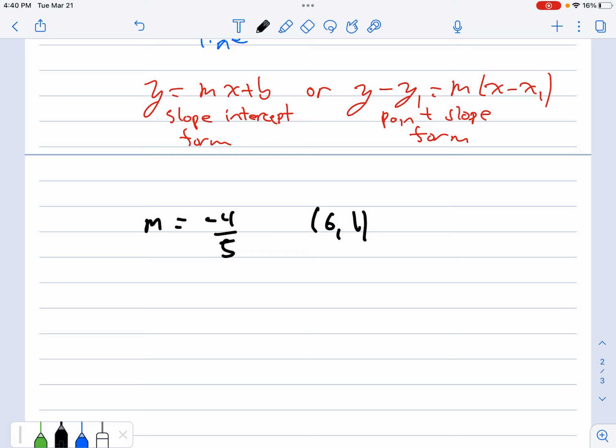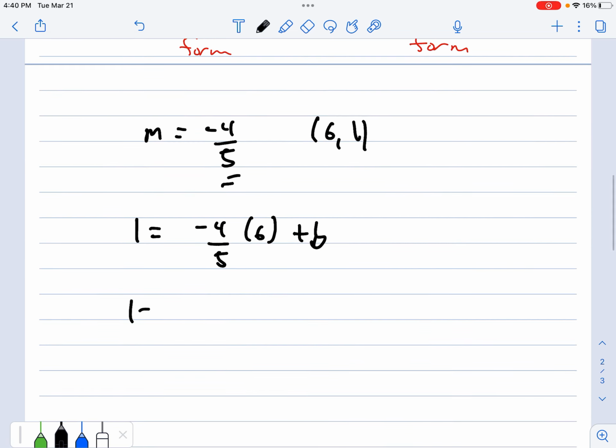And your task here is to find what b is. The way we do that is by plugging in all this information into our equation. So 1 equals minus 4/5 times 6 plus b. Multiplying these two fractions, minus 4/5 times 6 over 1 gives you minus 24 over 5.